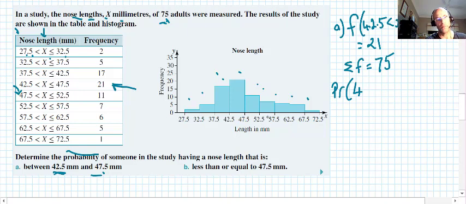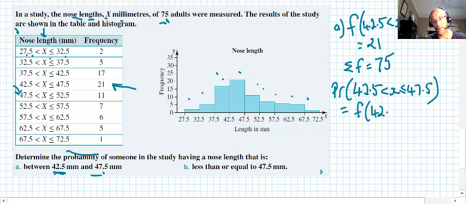So we've got 42.5 less than x, which is less than 47.5. That equals frequency. It's a little bit of notation to write if you want to do full justification.